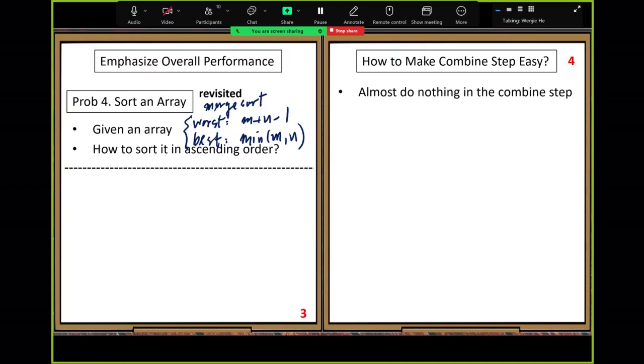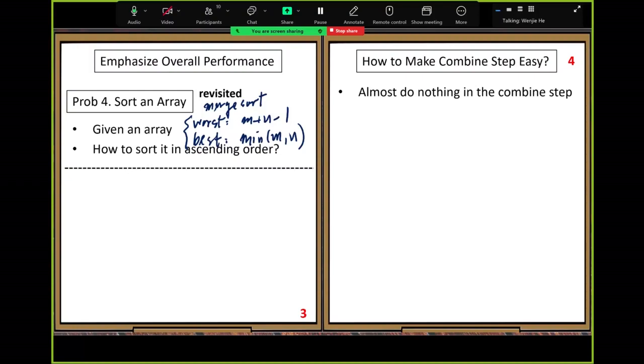But in our Quicksort, we have two special ordered arrays. It's not any given two ordered arrays. We do the combine step after the divide step and the conquer step.